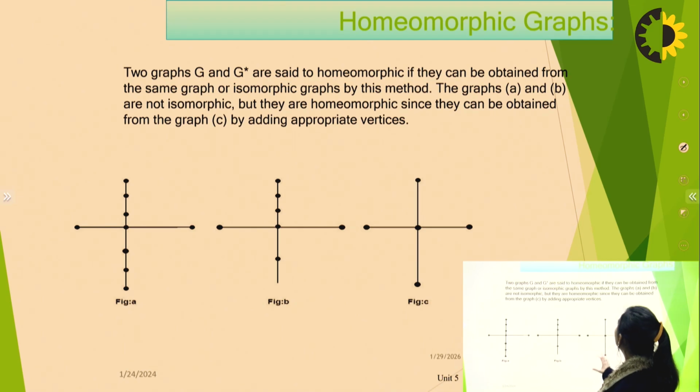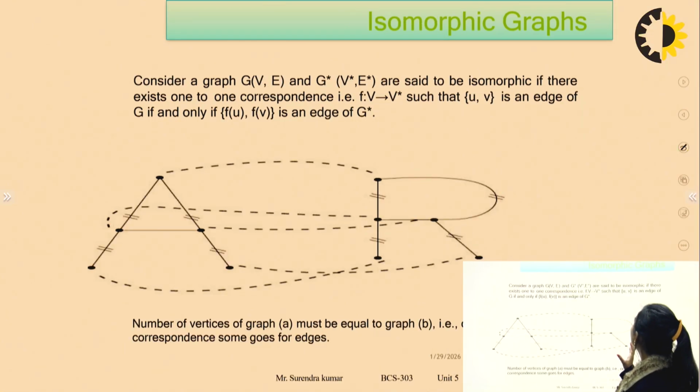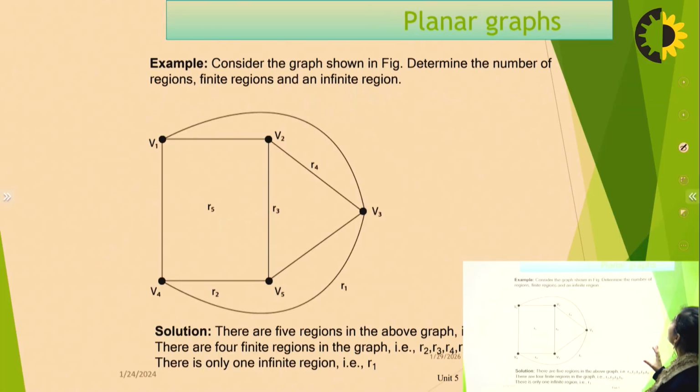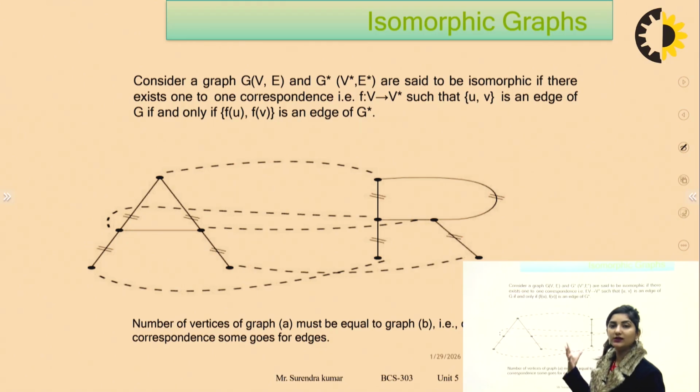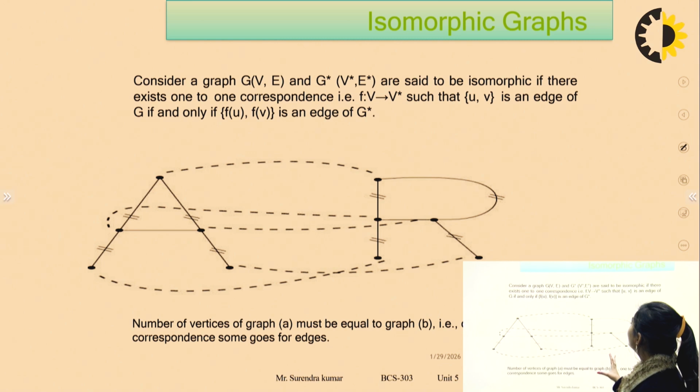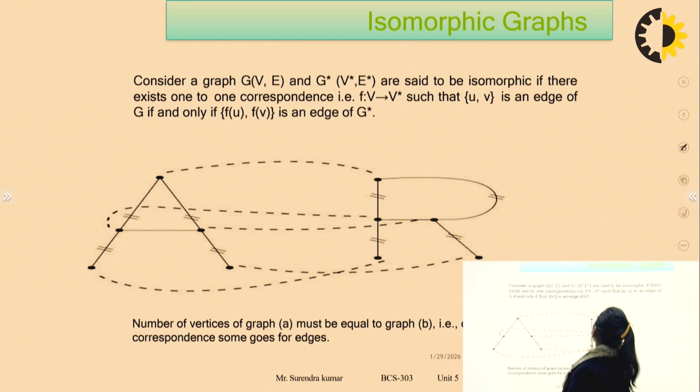So, next is about homomorphic graphs, right? Okay, so before that, let's come to isomorphic graphs. So, there are different types of graph: planar graph, isomorphic graph, homomorphic graphs. Now, when we come to the isomorphic graph, you can see in this graph, there's this G(V, E) and G star (V star, E star).